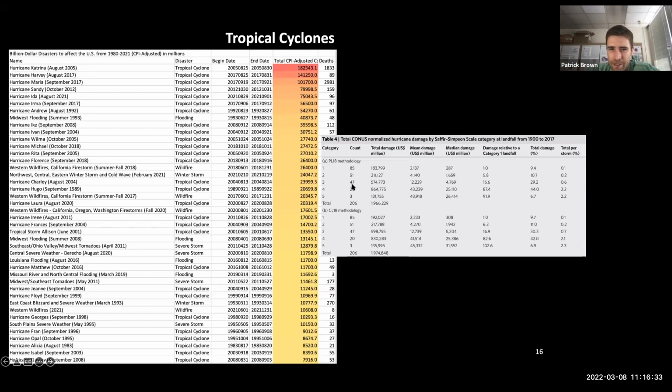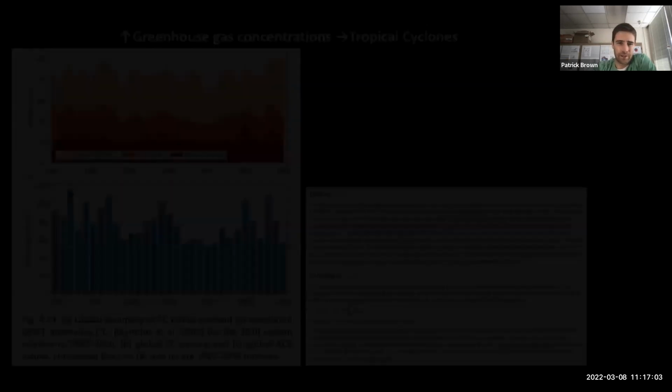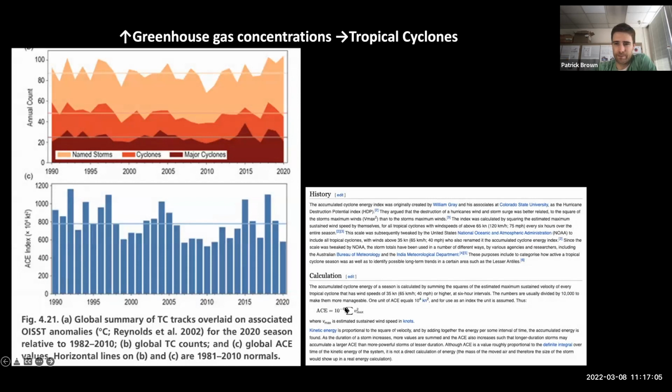But if you have enough in here, you can see that the damage goes from, on average, 2,000 million, so 2 billion, 4 billion, 12 billion, 43 billion when you go from category 1, 2, 3, 4. So it's not a linear relationship where it goes 2, 4, 6, 8. It's very exponential. And that's related to this idea of squaring the wind speeds to get an idea of how much energy, how much damage potential is in tropical cyclones.